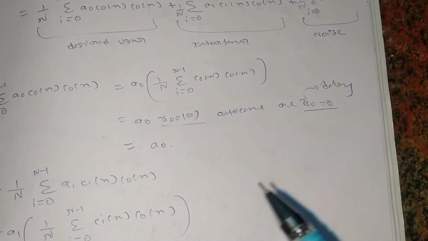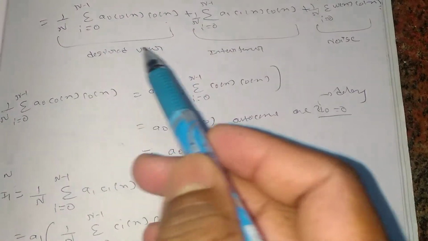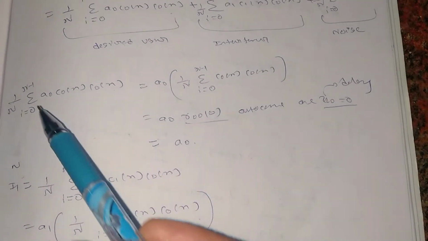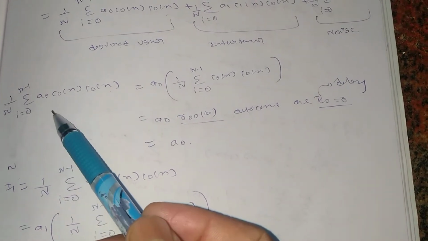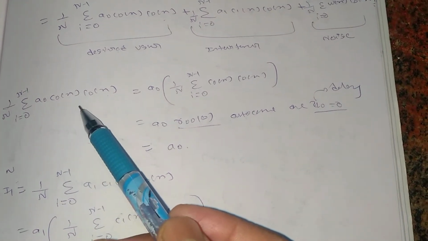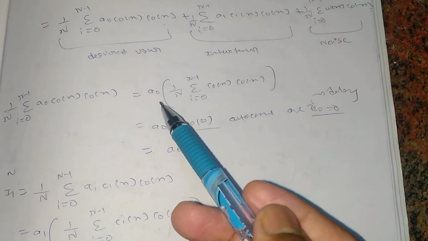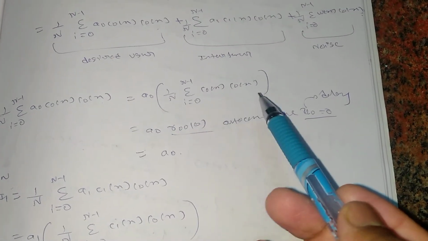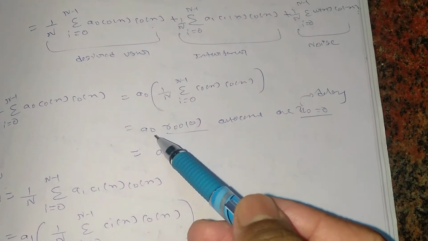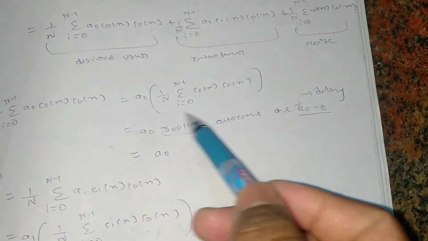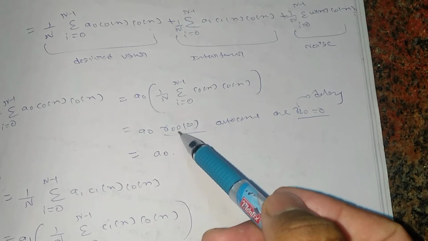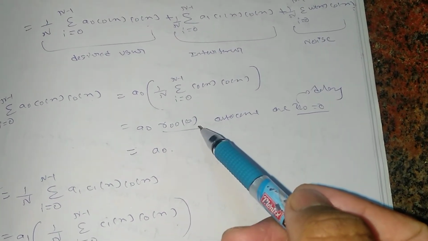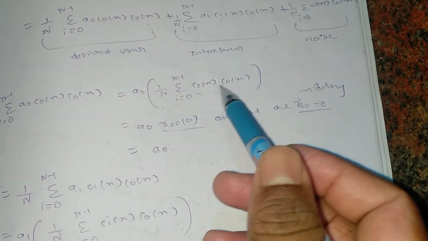Alright, so how will I proceed? First I will take this component, that is, the desired user, and try to find its power. So 1 by N, summation i equals 0 to N minus 1, a0 c0 of n into c0 of n. a0 I will take outside, right? So 1 by N, summation of c0 of n into c0 of n. This is nothing but the correlation formula, the correlation of signal 0 with respect to 0 with a time delay of 0, because they are received at the same time.